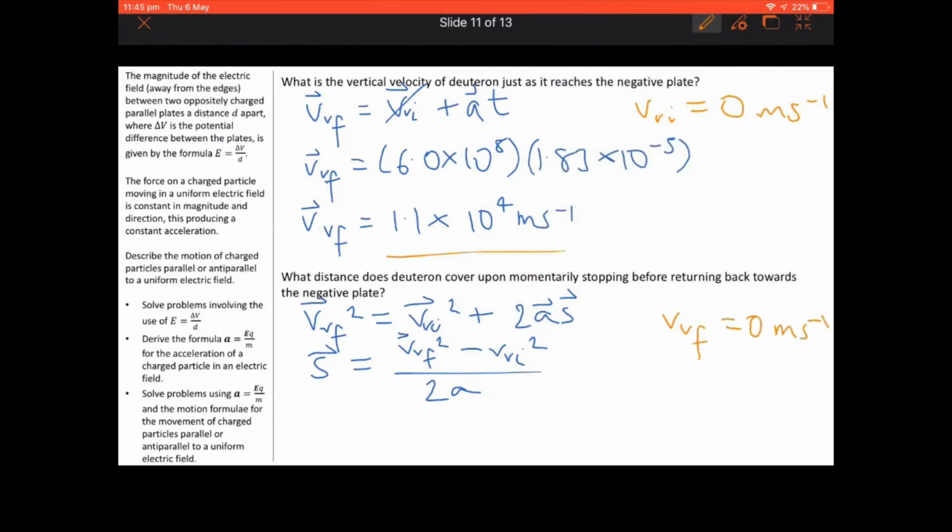Whichever out of the vertical initial or vertical final velocity is 0 depends on what frame of reference you're thinking about it in.